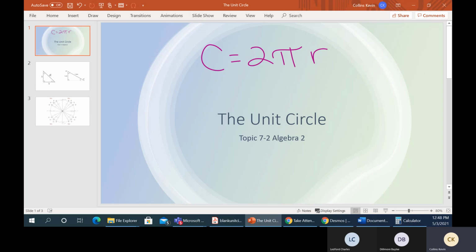So when they're talking about the unit circle, unit in this case means the radius equals 1, or 1 unit. This is why it's the unit circle.